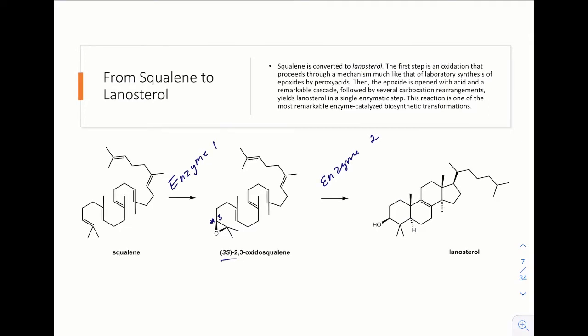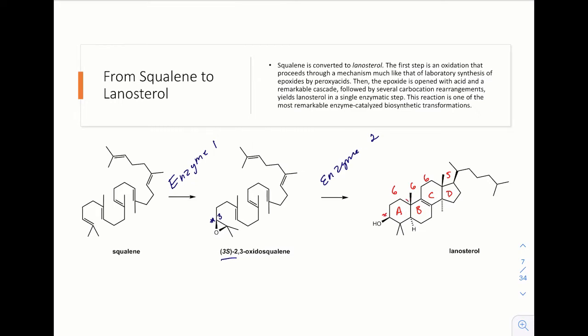You may recognize the A, B, C, D ring system of the steroid. So 6-membered ring for the A, B, and C rings, and a 5-membered ring for the D ring. You may recognize all of the stereogenic centers in this molecule, so all the chiral carbons.